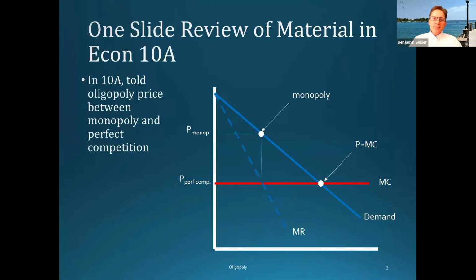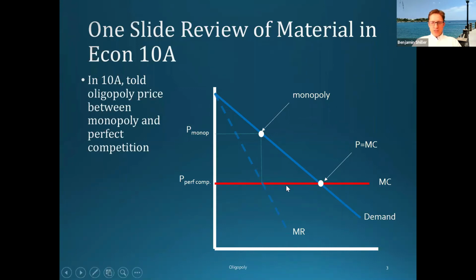Okay. What you may have seen in your early introductory class is that if you have a market that looks like this, here we have the inverse demand function shown here. And we have a flat marginal cost, which is just an assumption that simplifies presentation a little bit.